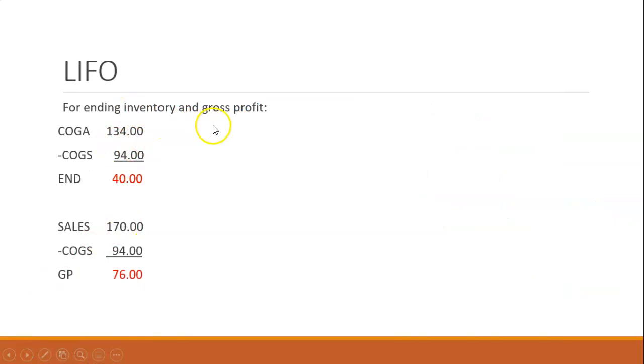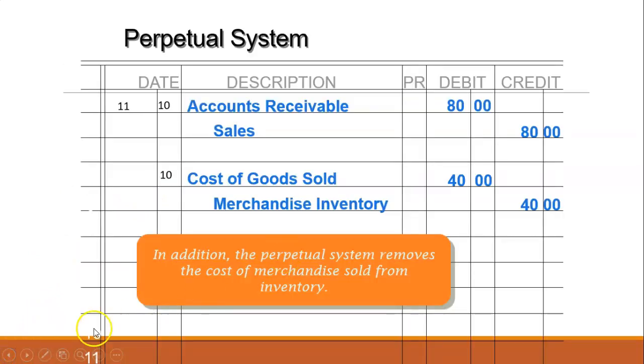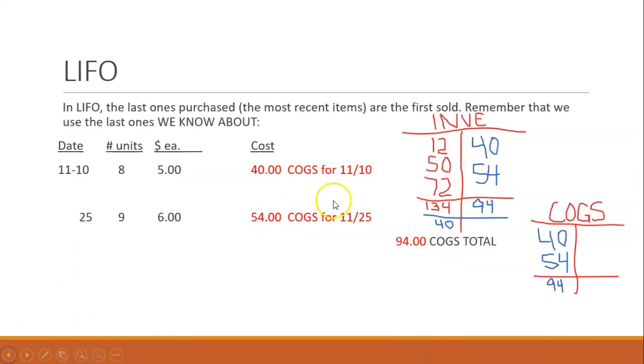Okay, for ending inventory and gross profit, we take the cost of goods available, 134, minus the cost of goods sold of 94. The assumed cost of goods sold gives us the assumed ending inventory of 40. And we can go back and confirm that. Yes, my books say that my inventory is 40.